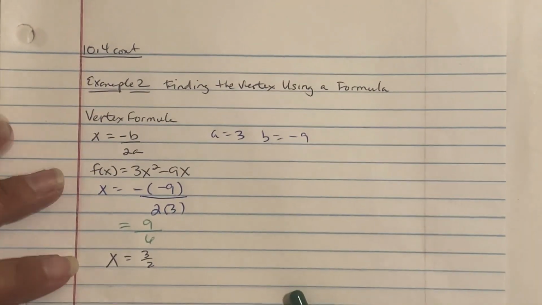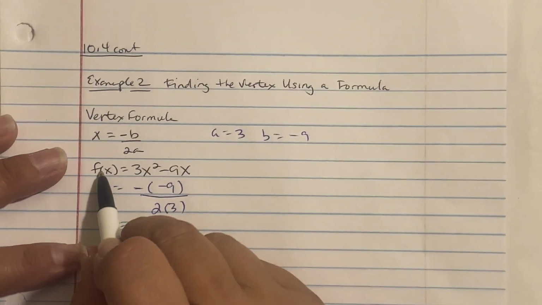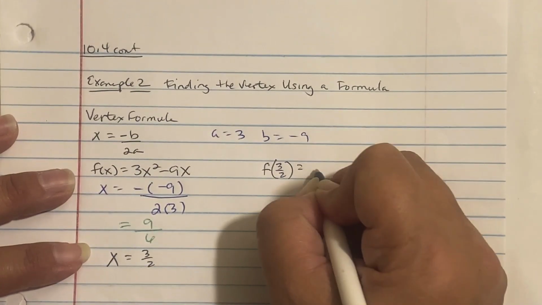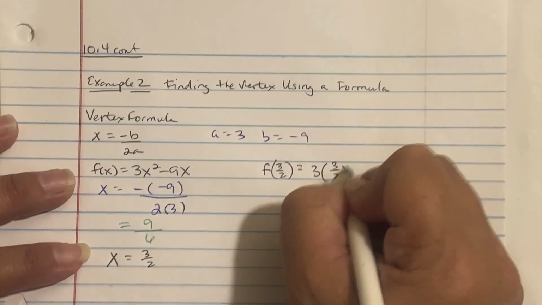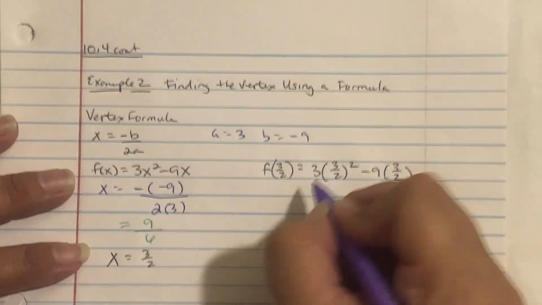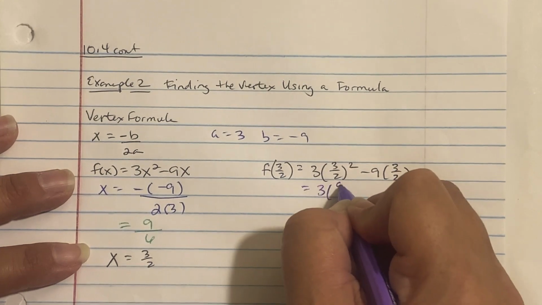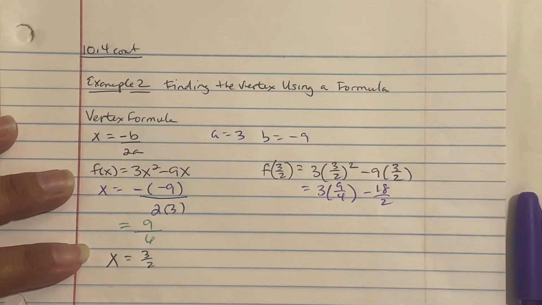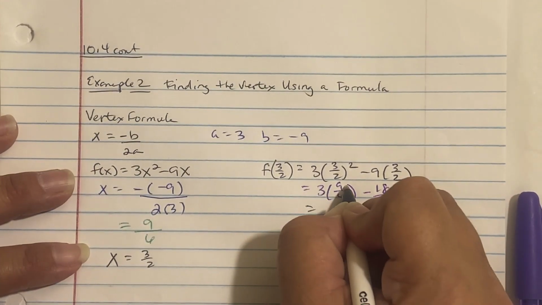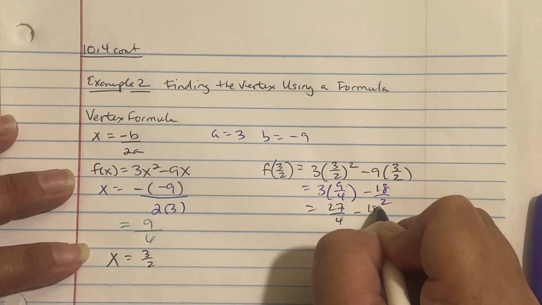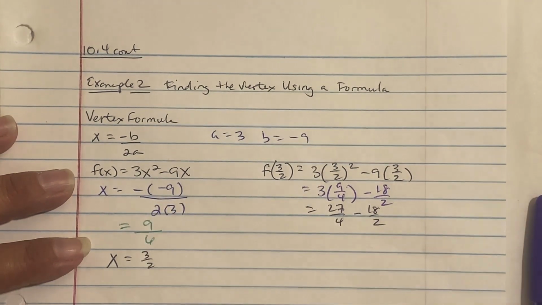So for our y, take your equation and plug in 3/2 for it. So 3 times 3/2 squared minus 9 times 3/2. So we have 3 times 9 over 4 minus 18 over 2. 3 times the 9 is 27 over 4 minus 18 over 2. Notice the denominators are not the same. So multiply top and bottom by 2.